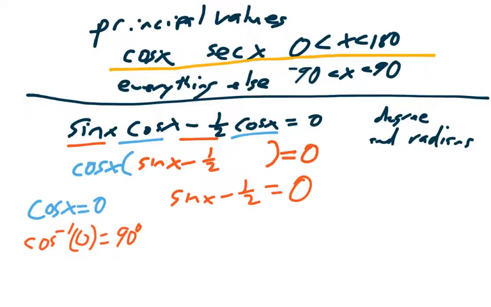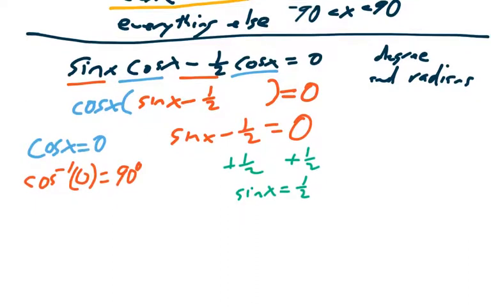And that's my first answer. Over here, I'm going to add 1/2 first, and I get the sine of x equals 1/2. When I do the inverse sine of 1/2 in my calculator, it will give me the answer of 30 degrees.